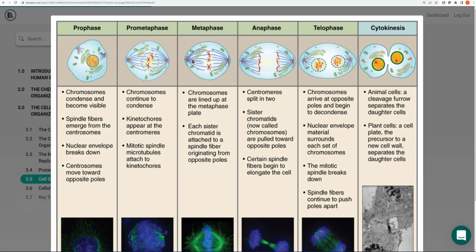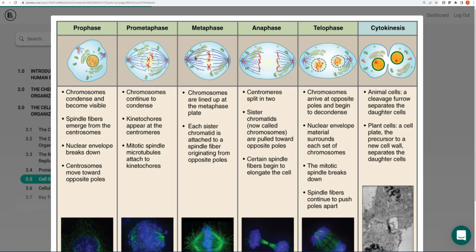Okay, then we go to metaphase. And in metaphase, it's a very distinctive look. The chromosomes line up along the, quote, equator of the cell. So the equator, or the metaphase plate, is this plane within the cell. All the chromosomes line up, and it's very distinctive. At the same time, the centrioles that have now migrated to each end of the cell are going to send out microtubules.